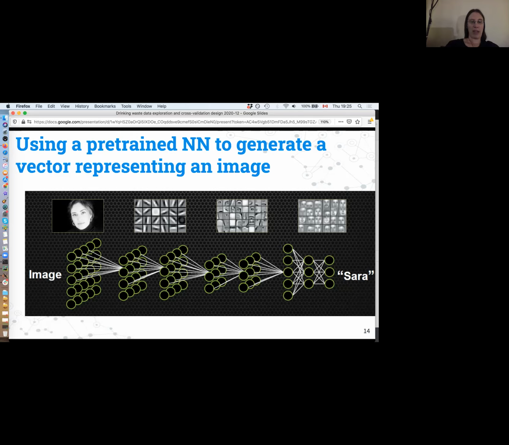If something's in the top right hand corner, it's going to activate the neurons in the top right of this convolutional mapping. But by the time you get to the last few layers, that information is all kind of more blurred out. So you have less positional information and more abstract information about what's going on in this image, what kind of textures are in this image, what kind of objects are in this image.